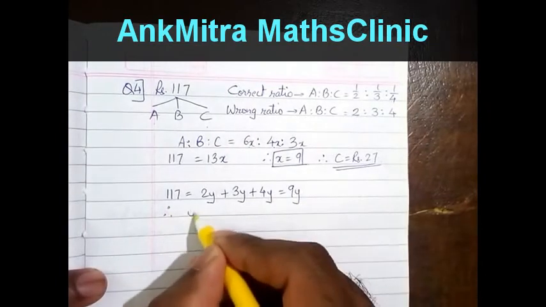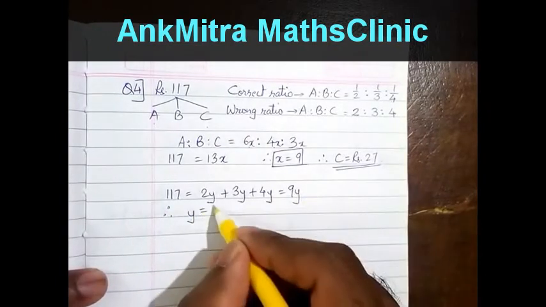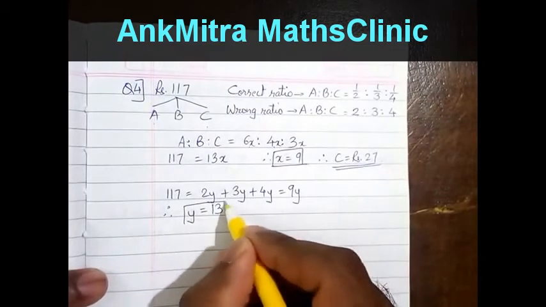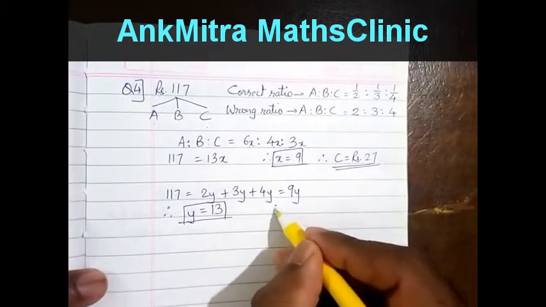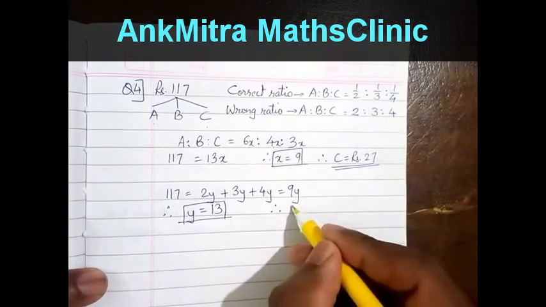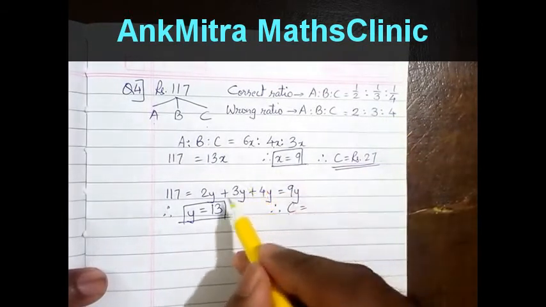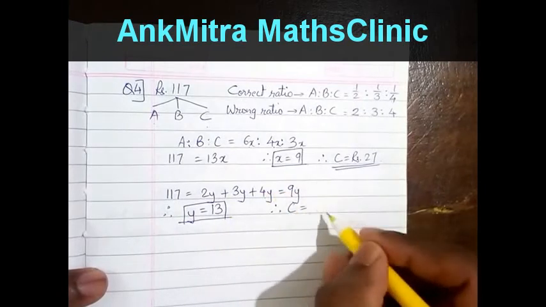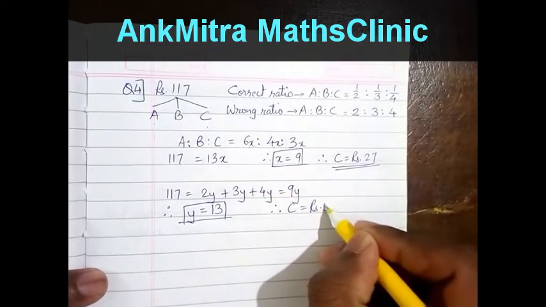Therefore, y is equal to 13. Since y is equal to 13, the value that C got incorrectly was 4y, that is 13 fours are rupees 52.